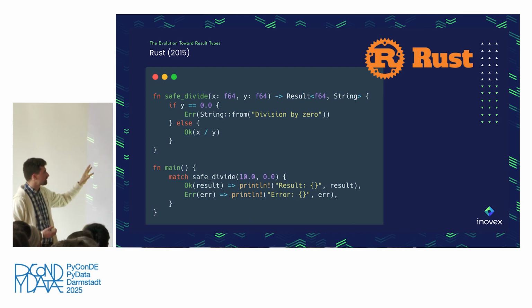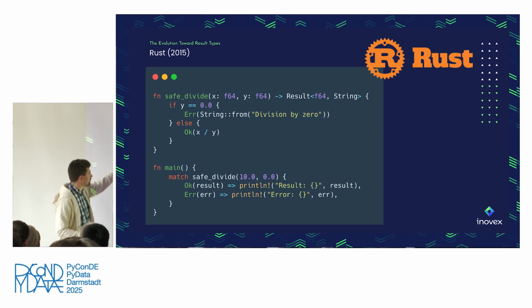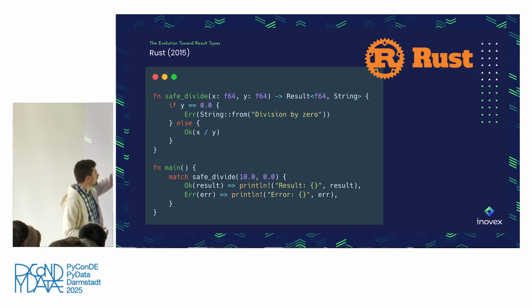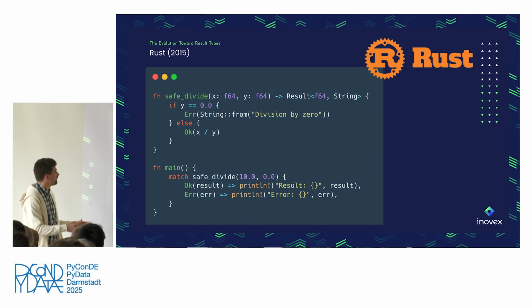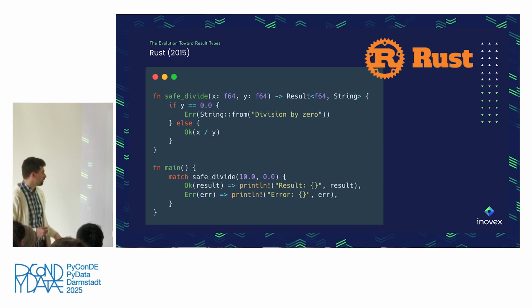So internally it's kind of an enum, and we have two variants of it, so the error and OK. If there was an error, this is where we say here it's a packed error, and if it's a success, it's OK with the actual float.